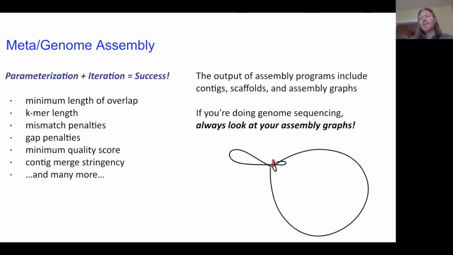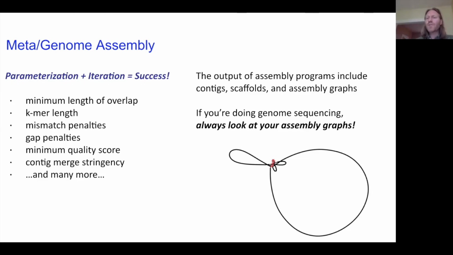So SPAdes has a built-in error correction module called BayesHammer, which does error correction prior to the assembly. You can turn it off if you're using your own error corrected reads, but it tends to improve the assembly to do error correction. So it's often an important step before you get to the assembly part.